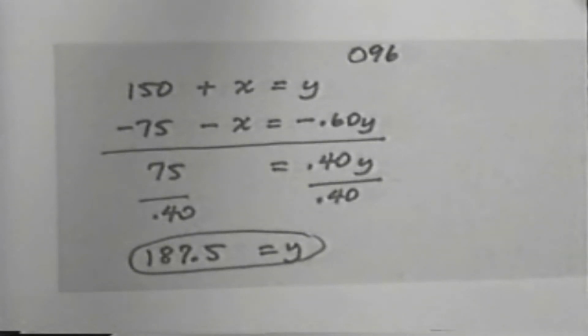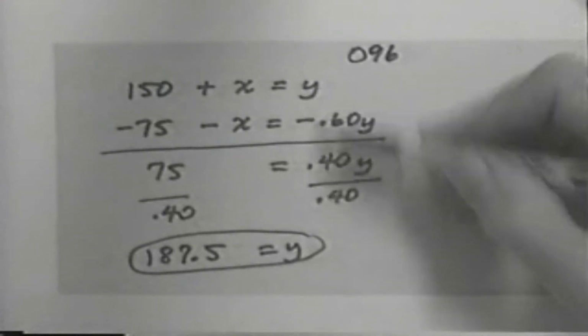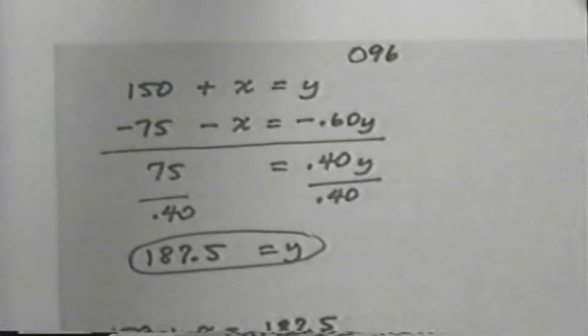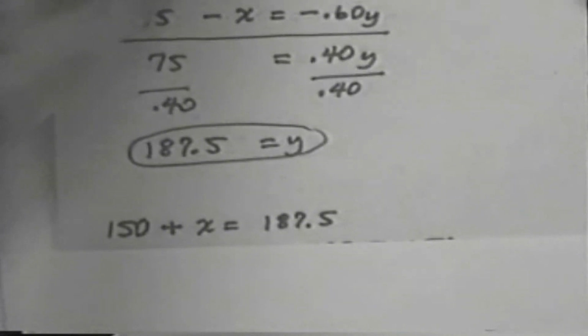And so back at our system of equations, we'll fill in the y value in one of the positions. I'm going to choose to use the first equation, filling in y, 187.5, and we get 150 plus x equals 187.5. Then to get x by itself, all we must do is subtract 150 from both sides. 150 plus x subtract 150 equals 187.5 subtract 150, and that gives x equals 37.5.